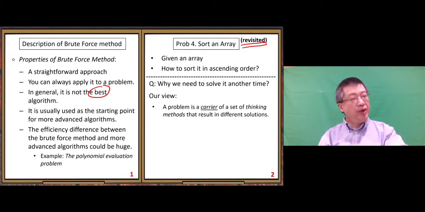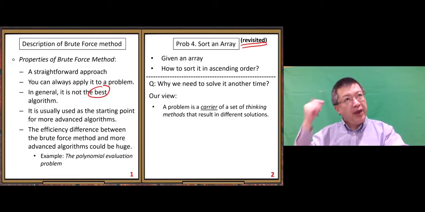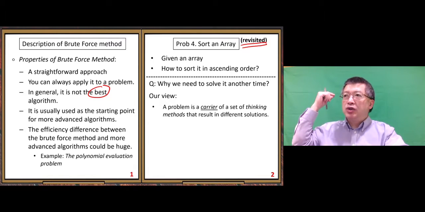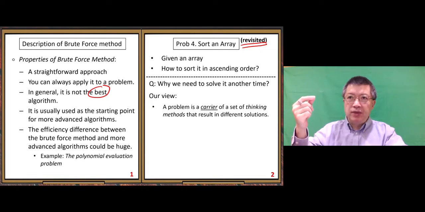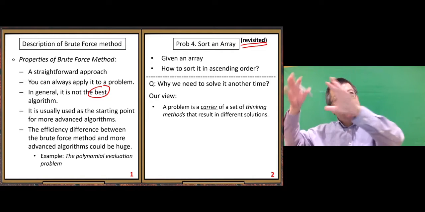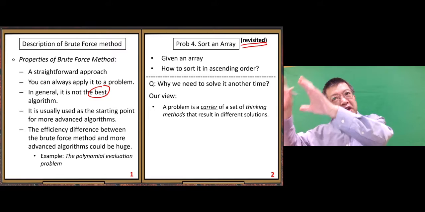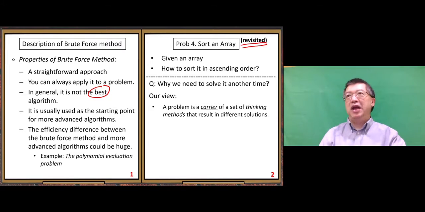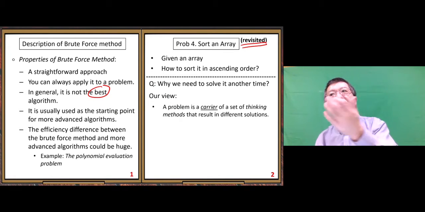When we solve a problem, we need to use our thinking, special thinking methods. So the problem carries several different thinking methods. That is our view on it. That results in different solutions.